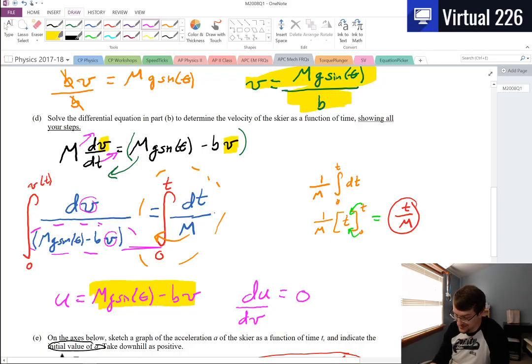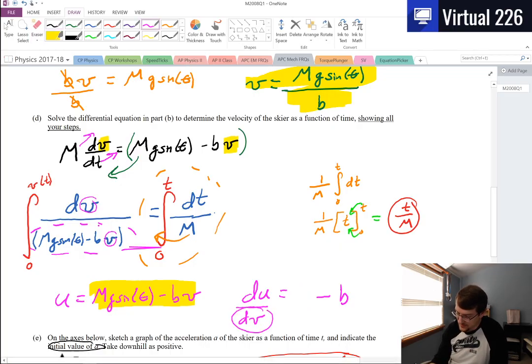Derivative of a constant is 0. Minus bv, I have a v term in there, that's like v to the first, so I'm going to have minus 1 b v to the 0, which is 1, so I'm just going to get minus b here. And 0 minus b is just minus b.